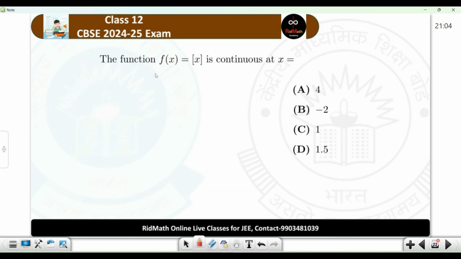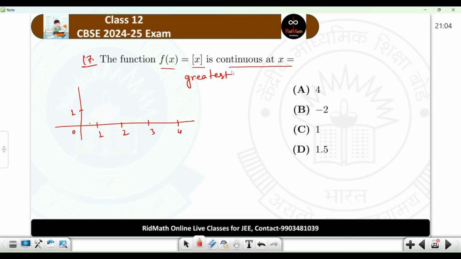Next problem, question number 17. The function f(x) equal to box x is continuous at. If you know the graph, this is 0, 1, 2, 3, 4. The box x function, which is the greatest integer function, the graph of this looks like this.